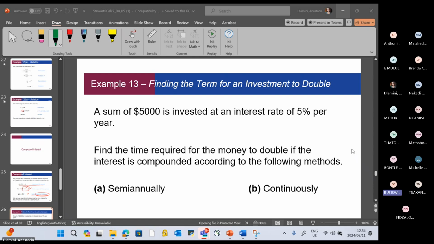I also think the 5% you need to convert to 0.05. After converting 5%, we divide it by 2, yes, because our n is 2.